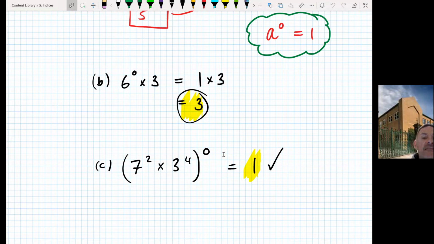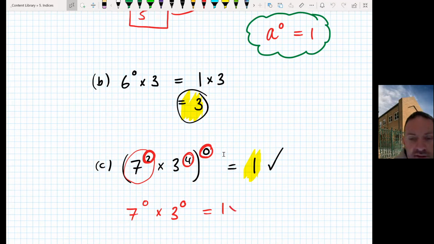Now, if we use the power to a power law, where we multiply the powers together, 2 times 0 would be 0, and 4 times 0 is 0. That gives you 1 times 1, which is still 1.